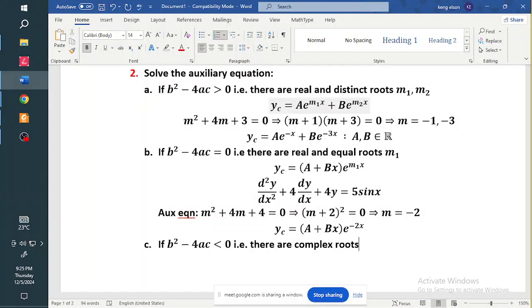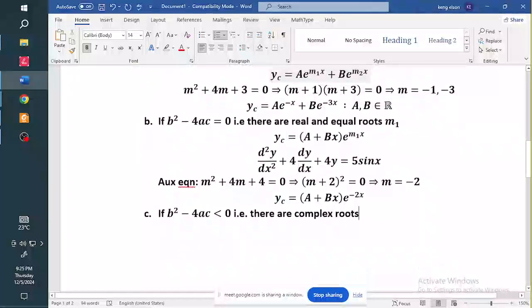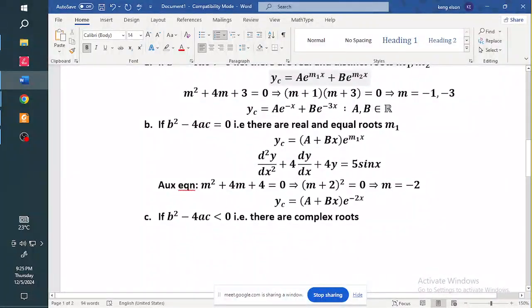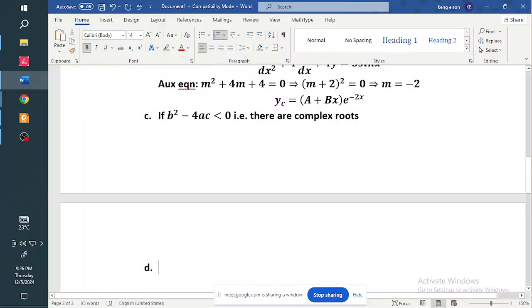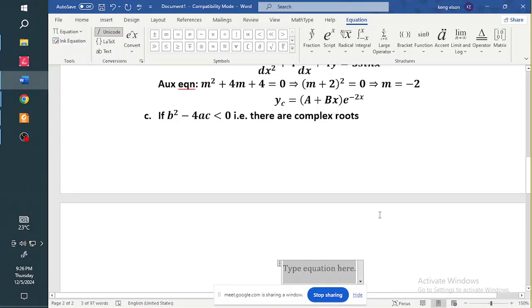Now I will just leave this part here, because as Mr. Jamio said, a topic that you have not done will not be complicated, and in these complex roots you need to know complex numbers. But let me just give you the form in case anything happens, but I will not look at the examples on it. When I see the equations, then if a complex root is coming, I'll tell you guys.